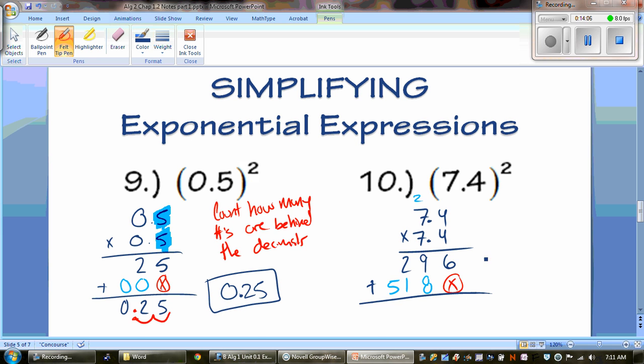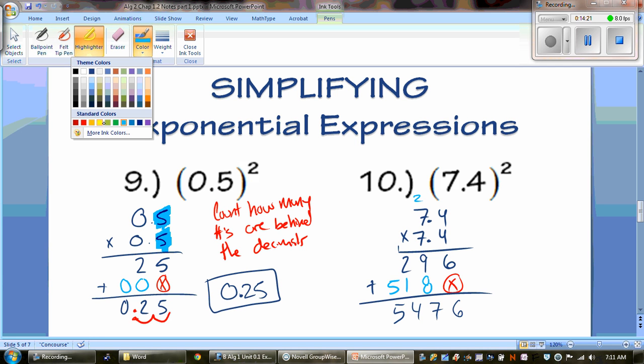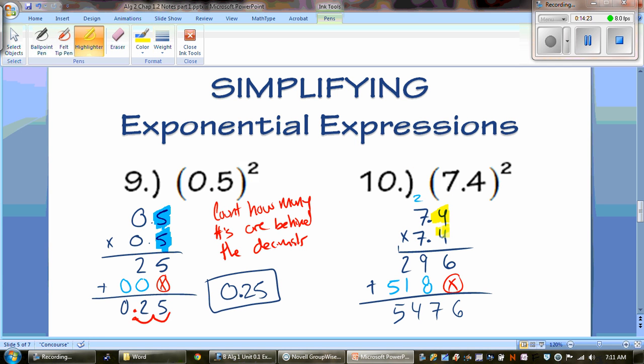Okay, add everything up. We get 6. 9 plus 8 is 17. 1 plus 2 plus 1 is 4. And then the 5. So, question, how many numbers are behind the decimal? Yeah, there are 2 numbers behind the decimal, so make sure that there are 2 numbers behind as well.